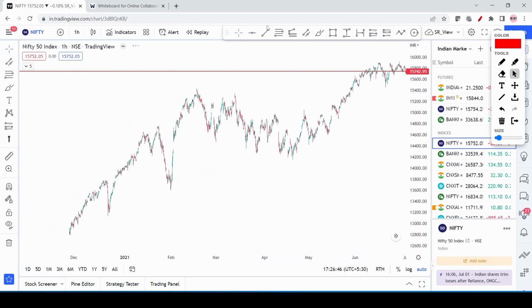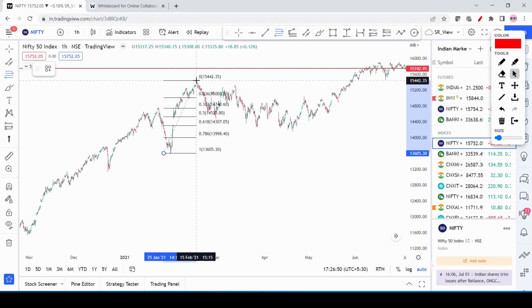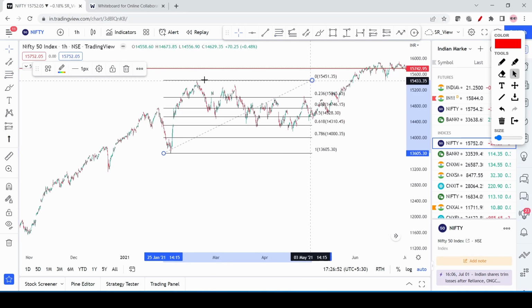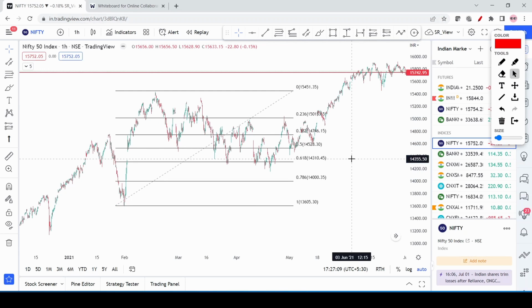And in some other example, this was one of the major swing highs and swing lows, and we can see 61.8% was acting as support multiple times. It was breaking and coming back again, and it was giving quite good support at this level, and then started rallying. All right, so this is on the Fibonacci retracement level support and resistance.